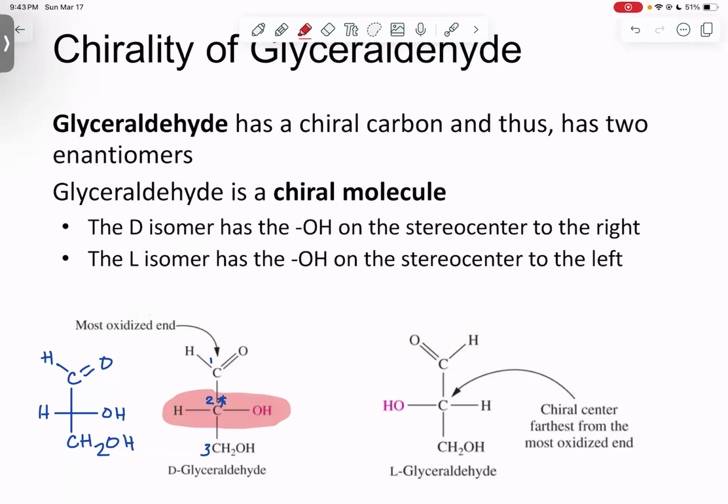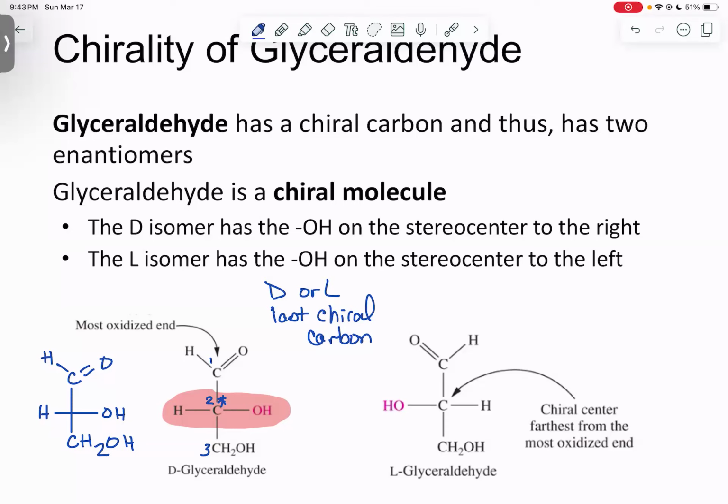Okay, if you want to know if something is D or L, we talked about this last time, you look at the last chiral carbon. So you have to always number correctly, you have to number from your most oxidized end.